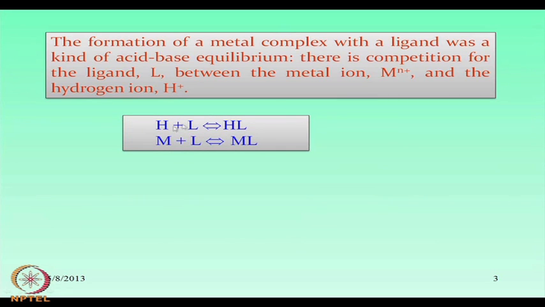So, these two equilibrium processes are simultaneously operative, between H and L and between M and L, and for simplicity we have not added the charges on H and M. So, the competition between the formation of HL and ML is important, and if the ligand is an anionic one, it basically gets back the proton to give the neutral ligand.